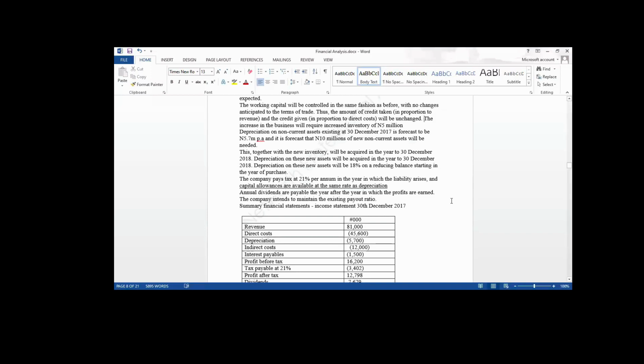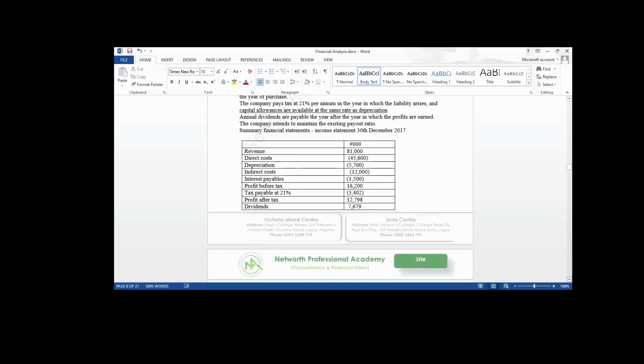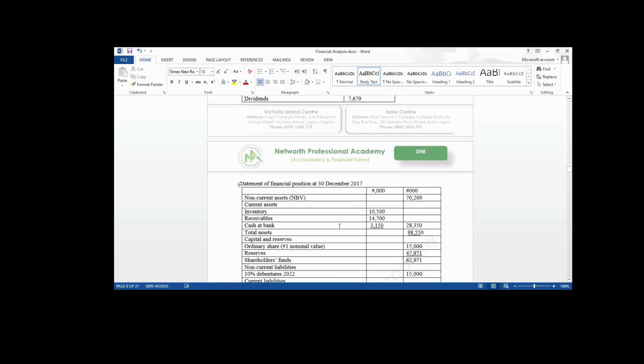For 2017, look at the inventory figure. How much, please? 10,500, that is 10,500,000. The examiner says inventory will increase by 5 million. So in 2018, what will be your inventory figure?